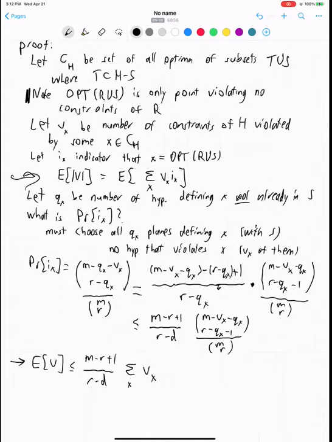That gives me a Vx, and now I have to multiply it by the rest of Ix, which is m minus Vx minus Qx, choose r minus Qx minus 1, all divided by m choose r. Yes?